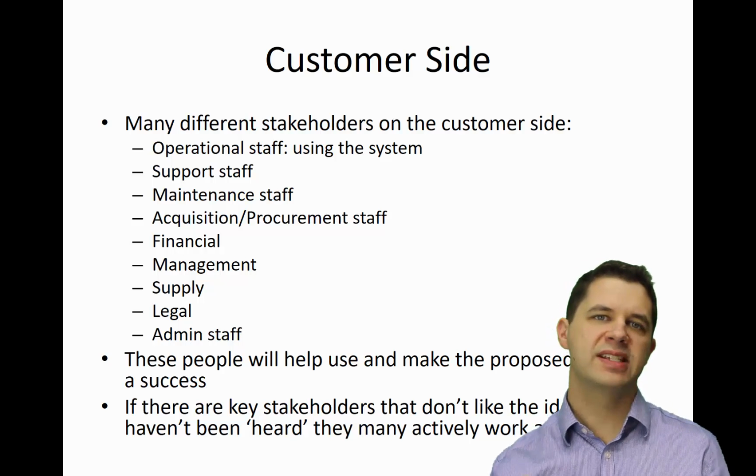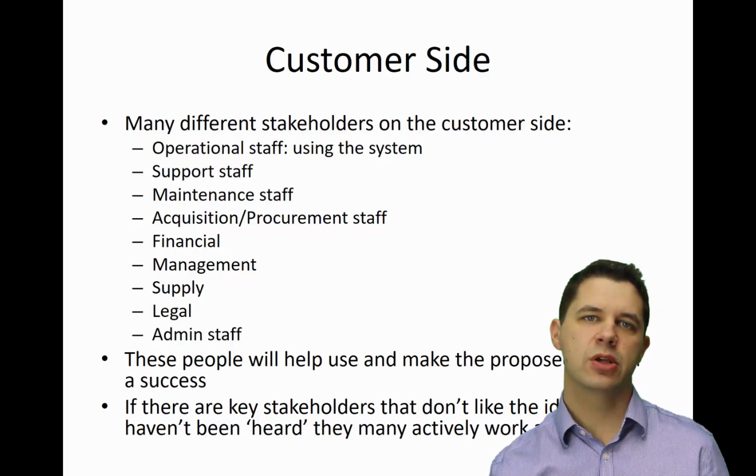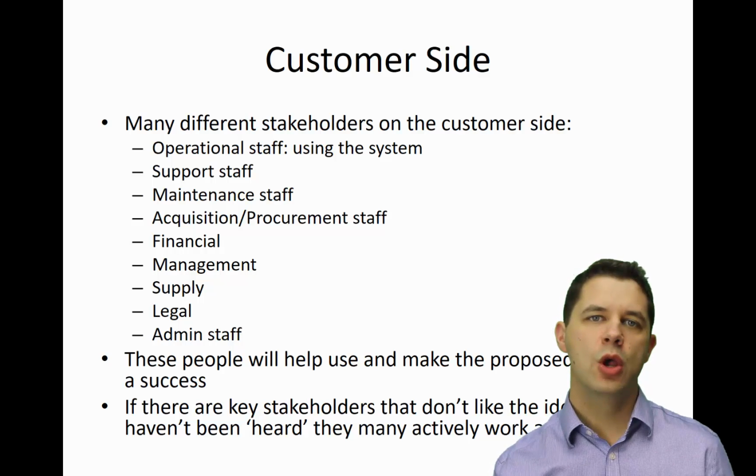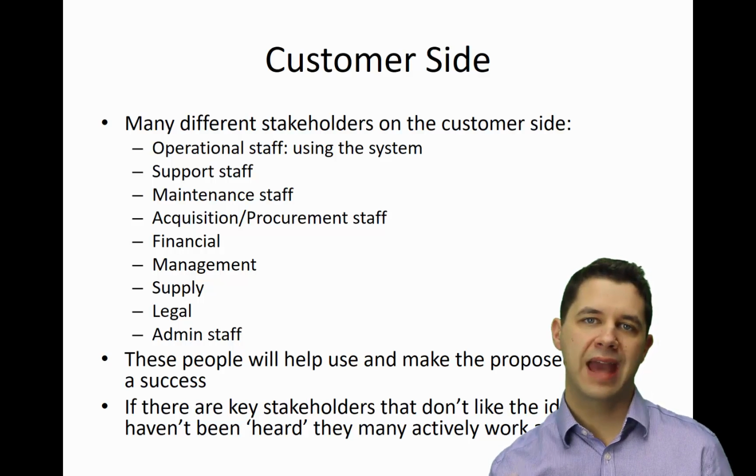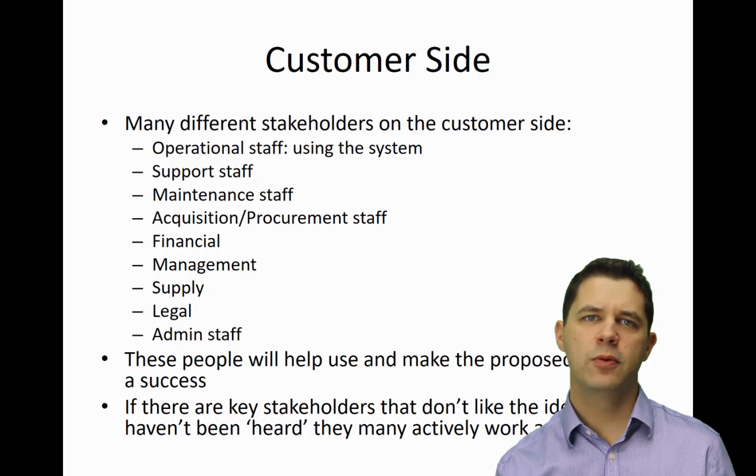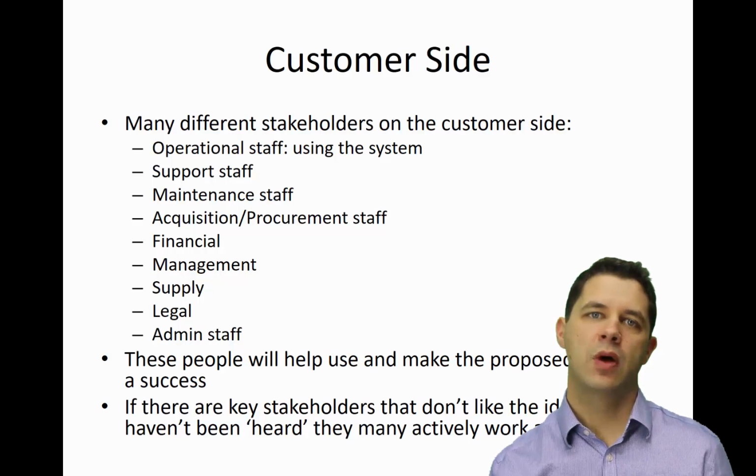And we have many different stakeholders on the customer side. When we refer to stakeholders, we're talking about people that will have input, or should have input, into the acquisition and usage of the system into the future. These might be people that will actually use the system, or people that will be affected by the system, but affected in a sensible way.